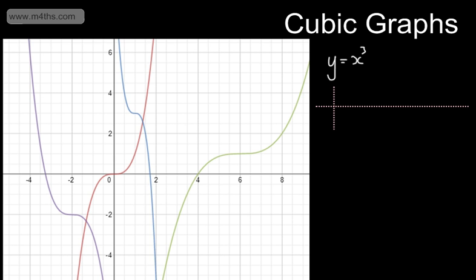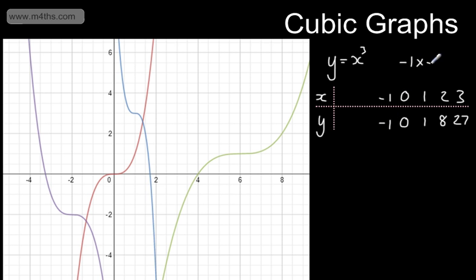So what we're going to have then is the following. If we take 0, 1, 2, and 3, our values of x and our corresponding values of y: 0, 1 cubed is 1, 2 cubed is 8, 3 cubed is 27. This will get very big very quickly. If we now look at minus 1, if we cube minus 1, we get minus 1.